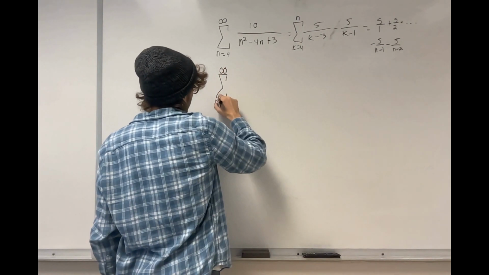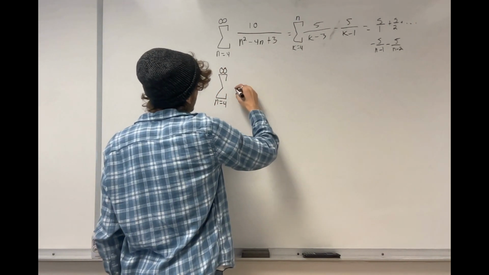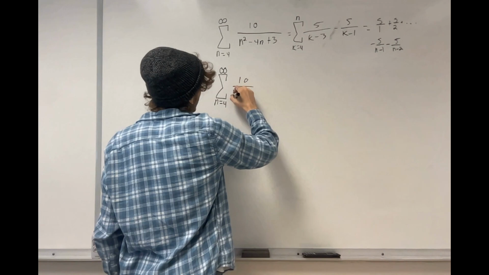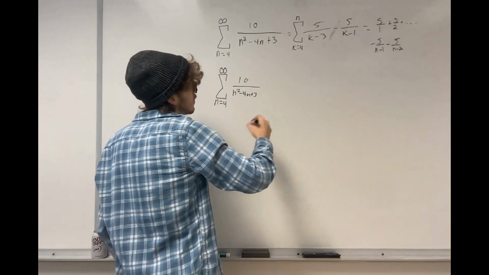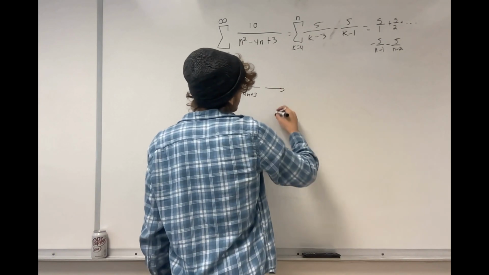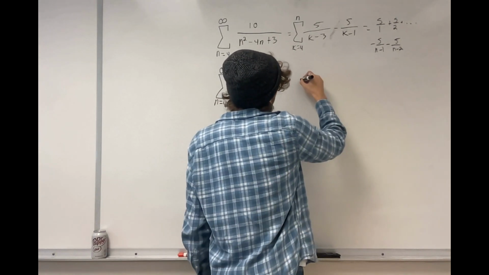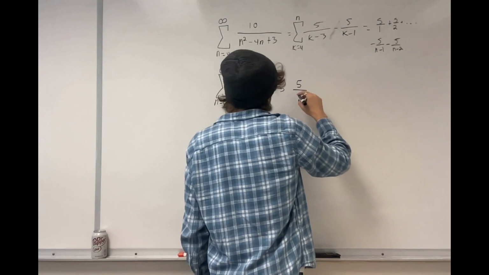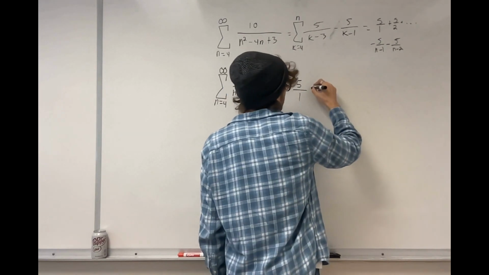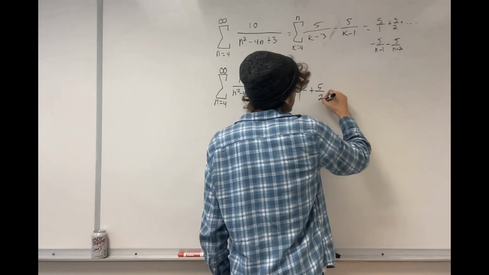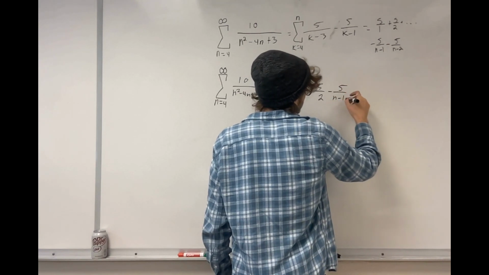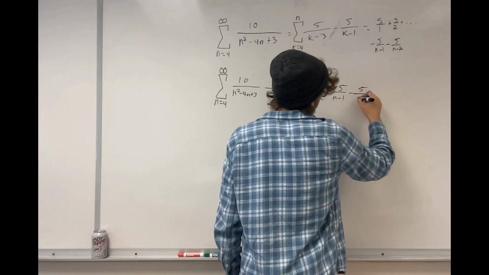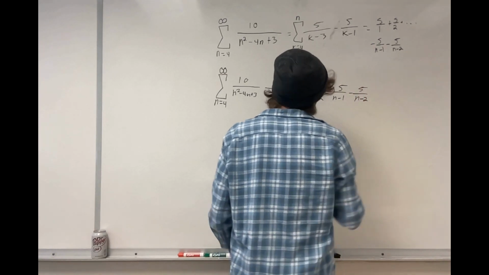Our series of 10 over n squared minus 4n plus 3 can be simplified to, or the sum of all terms is equal to 5 over 1 plus 5 over 2 minus 5 over n minus 1 minus 5 over n minus 2.